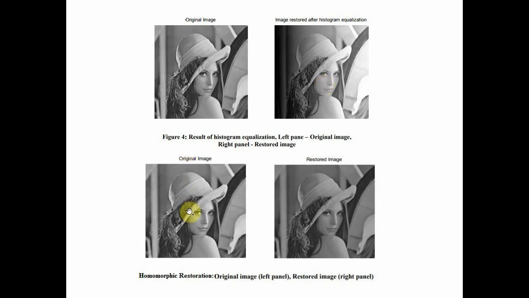This is nothing but the restored image after homomorphic restoration, the result of homomorphic restoration on the original image. This is the original image, and this is the restored image after histogram equalization. So you can use any type of image enhancement technique as per your requirement. In order to normalize the brightness and to increase the contrast, you will go for homomorphic filtering. Thank you.